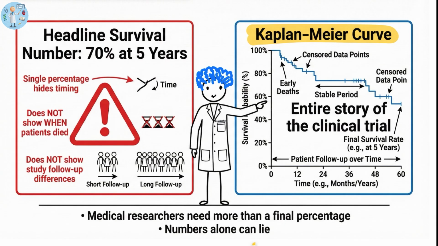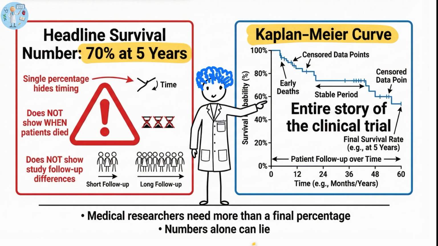It's the tool that medical researchers use to answer the most fundamental question about a new treatment. Not just if people survive, but for how long. And what's so fascinating is that the medical community relies on this specific visual because, well, simple numbers can lie. Oh, absolutely. You might hear a headline, something like, new drug achieves 70% 5-year survival. And that sounds great.